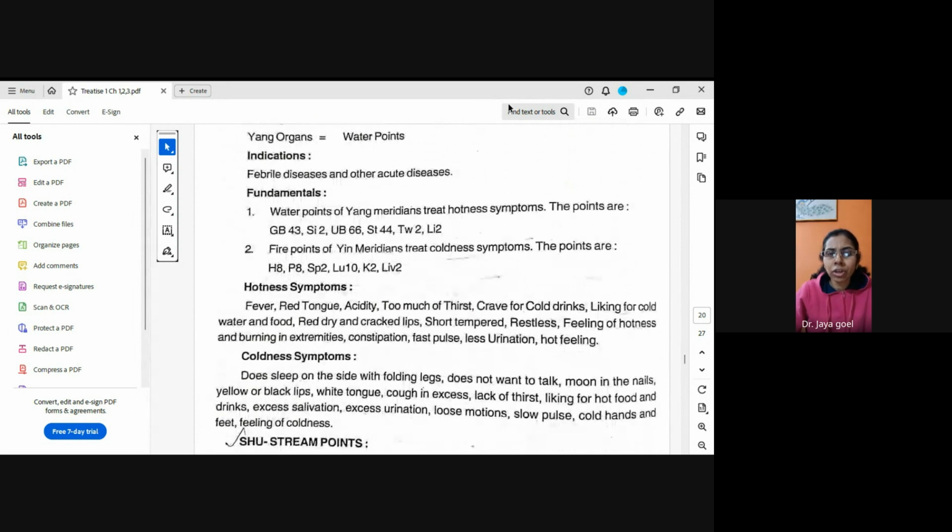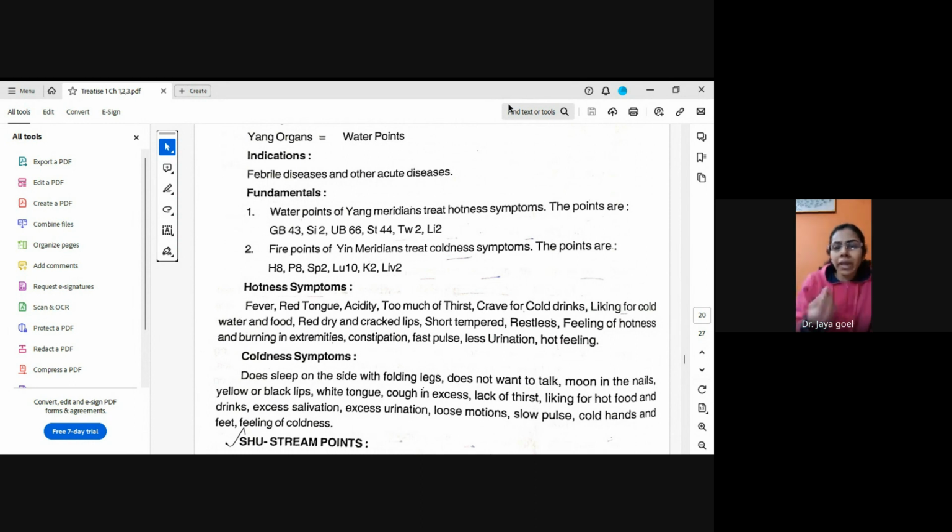Hotness symptoms are fever, red tongue, a person who is too thirsty and craves cold drinks, likes cold food and cold water.